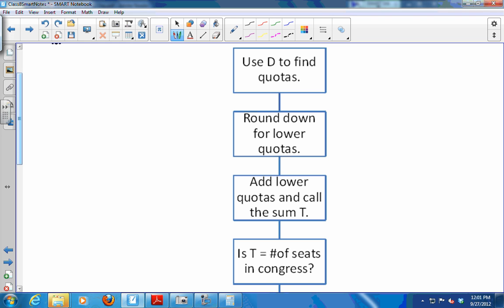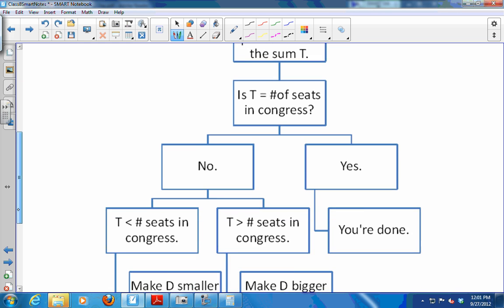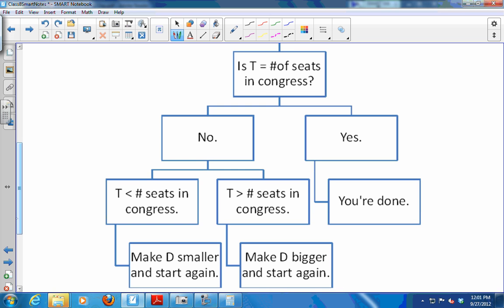Use D, the standard divisor. Start with the standard divisor of 50,000, round everything down, and add the lower quotas up. We call that sum T. In our case, that was 246. Then you ask yourself, is that number equal to the number of seats in Congress? No, because there were 250.